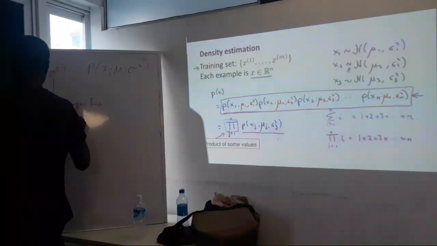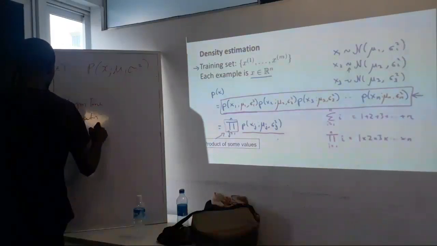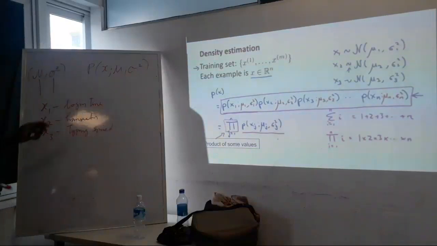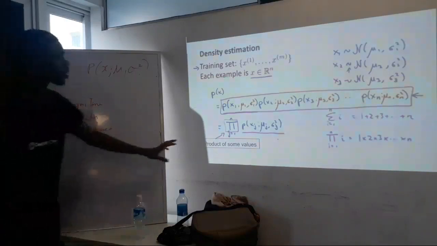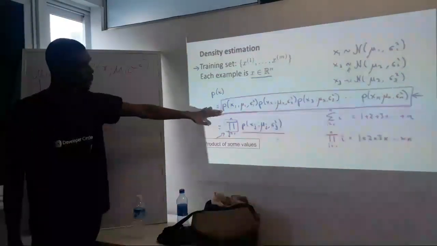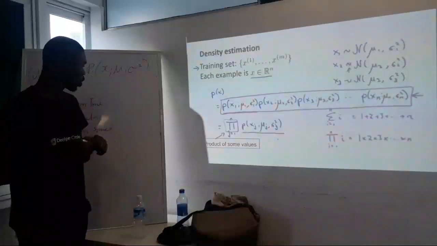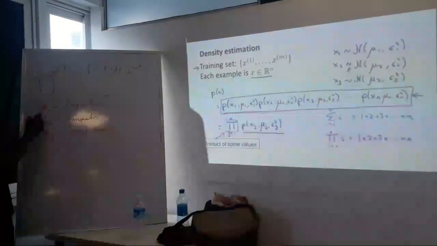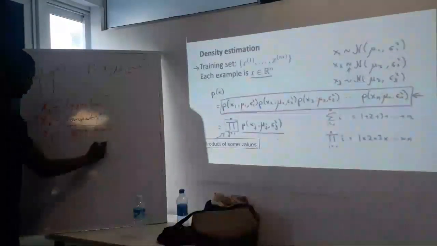Let's say it's transaction. So with all these features, we'll use them to get the probability distribution of this one, and of this one.